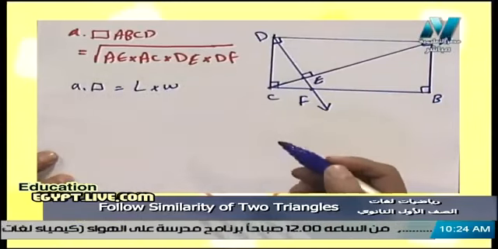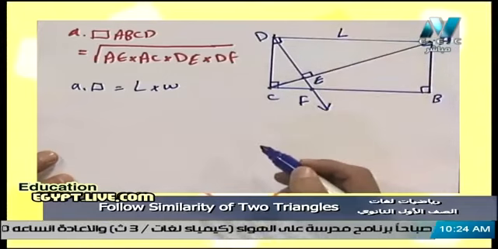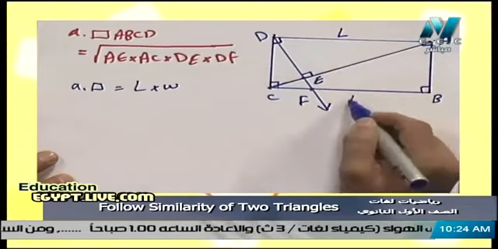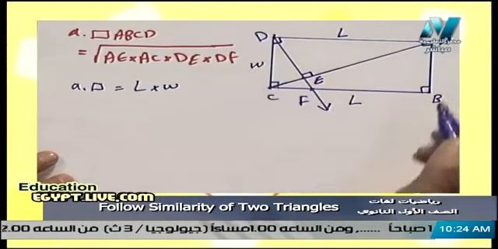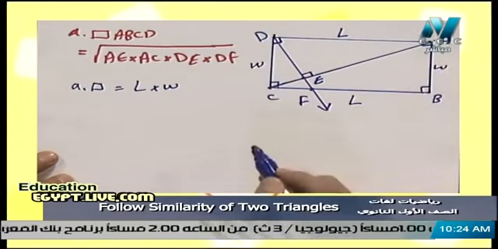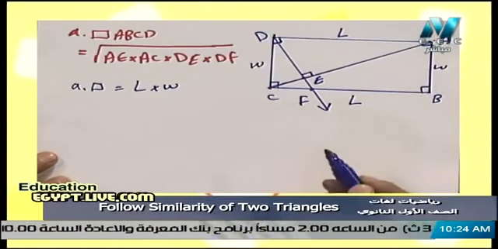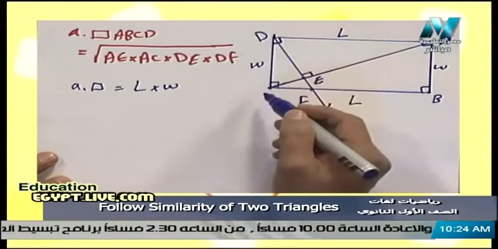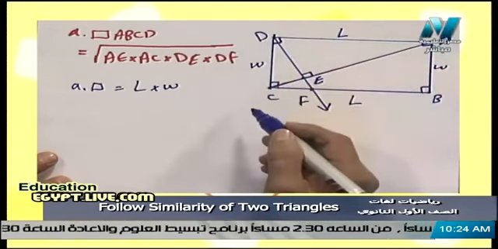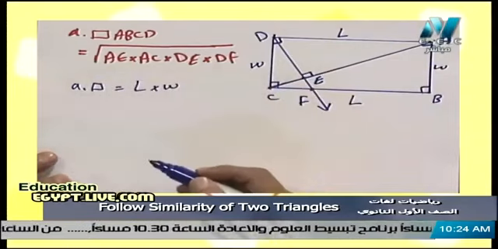Length here is DA, which equals CB, and width of course is DC, which equals AB. So we will try to find length and width and multiply them in terms of these sides.